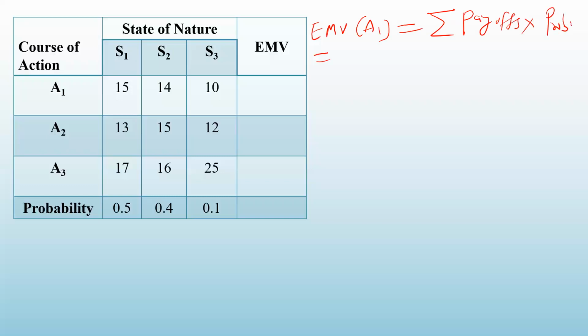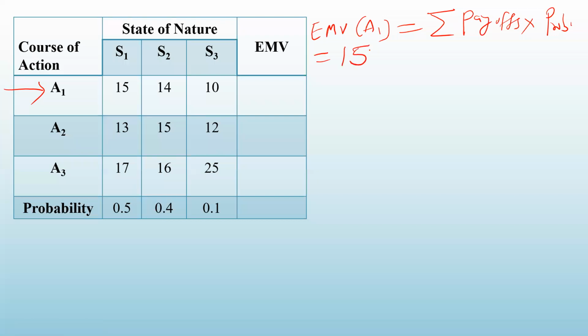This is how I have defined the EMV of A1. Look at this row A1. I have to find out the EMV for this. So what am I going to do? Look, this is the payoff. And what is the probability of this state of nature? 0.5.